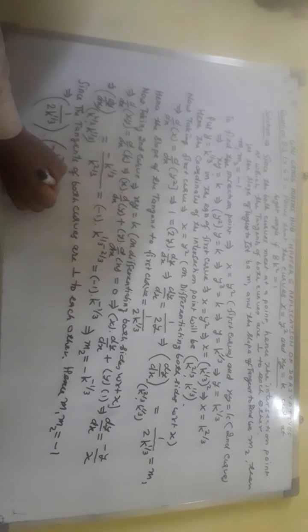Equal to minus 1, implies that here you can see minus 1 is there in the numerator, and here minus 1 is also available. So both will be multiplied together and cancelled out. We'll get 1. So now what we'll do here?